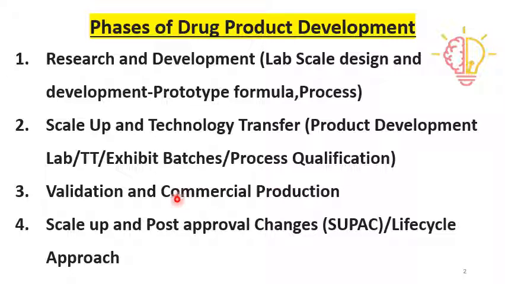Then if there is any change to the composition, manufacturing process, manufacturing site, equipment or anything regarding the finalized commercial product, scale up and post approval changes are done, which is part of the life cycle approach. In scale up and post approval changes, the equipment changes may be minor or major. As per those requirements, the SUPAC guidelines are applicable and used.